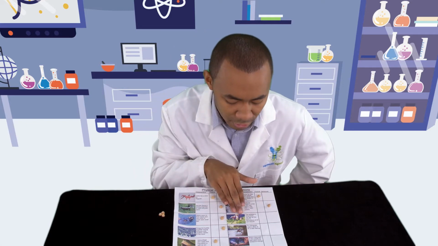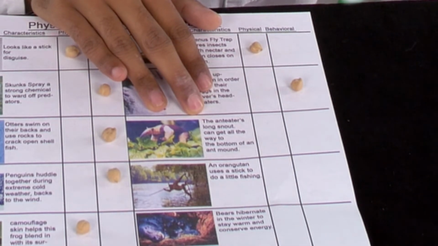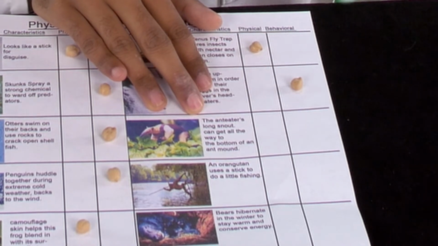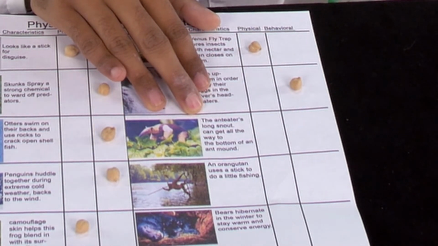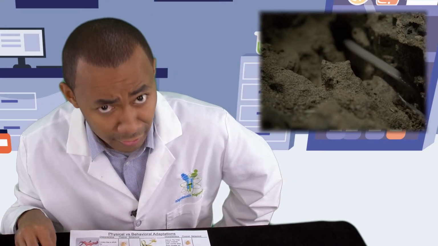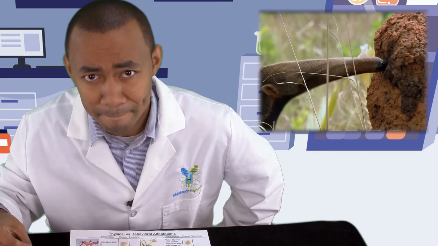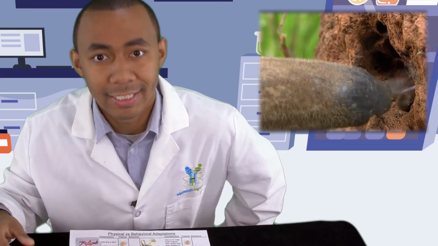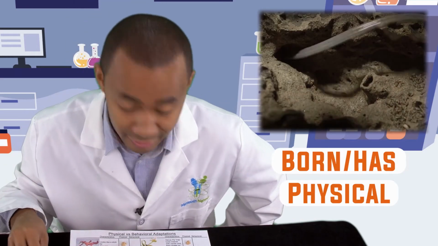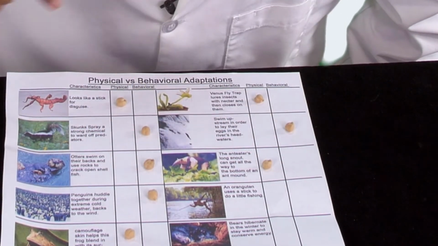Then if you look at the next picture, we got an anteater, and it says that the anteater's long snout can get all the way down to the bottom of the ant mound, right? And so, do you think the anteater also went to Home Depot and bought a really long nose? Did it do that? No, it didn't do that. It was born with this long snout, and so since it's born with it, that is a physical adaptation.